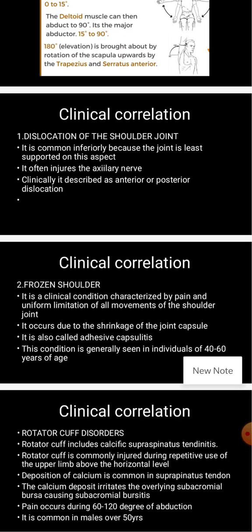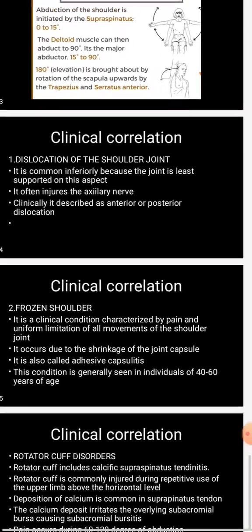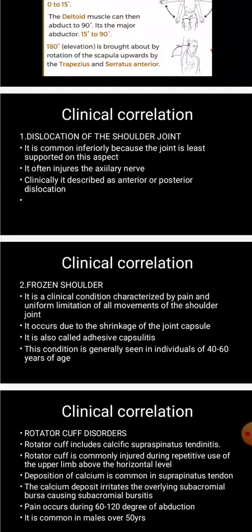So for clinical correlation, three main things you have to remember: dislocation of the shoulder, which is much more common, frozen shoulder, and the rotator cuff disorders. Okay, so these are the main points that you have to cover when you are studying a joint. The shoulder joint is one of the important joints, and it can be asked as a long question.